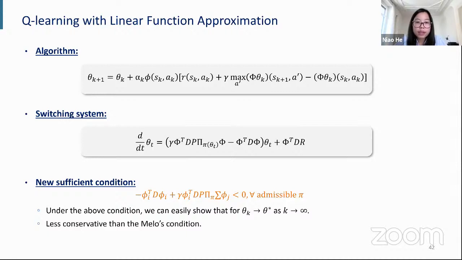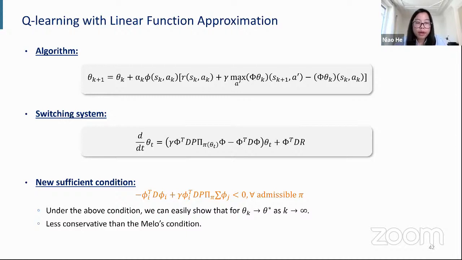And in fact, this is a condition we have, which looks maybe a little bit abstract here, because it's essentially just coming from the asymptotic stability. And we show that if this sufficient condition holds true, then this will guarantee convergence of Q-learning with linear function approximation. And this condition basically also says that your behavior policy, or the data you use, should be close enough to the optimal policy.